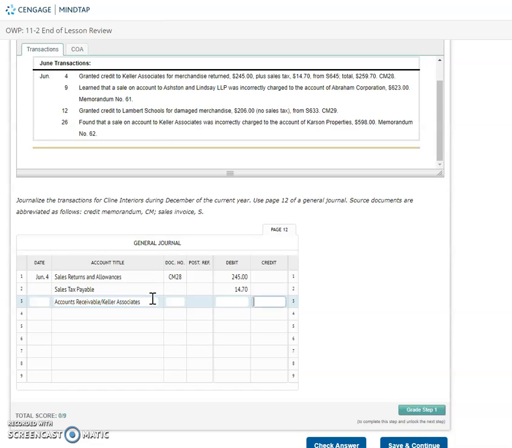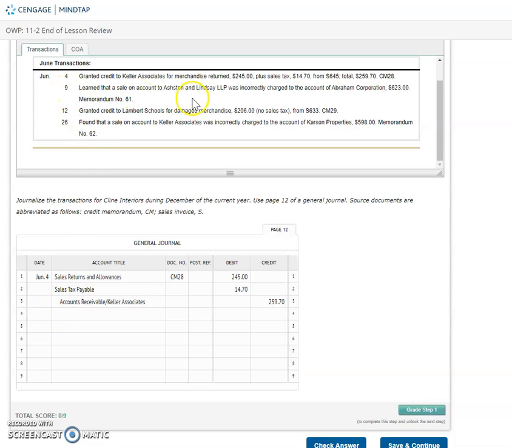So they do not owe us as much money anymore, and I'm going to be crediting that for the total amount, that $259.70. So my accounts receivable, that credit should be the largest number. My sales, returns, and allowances is probably going to be the second largest number, and then that sales tax payable will be the smallest number.